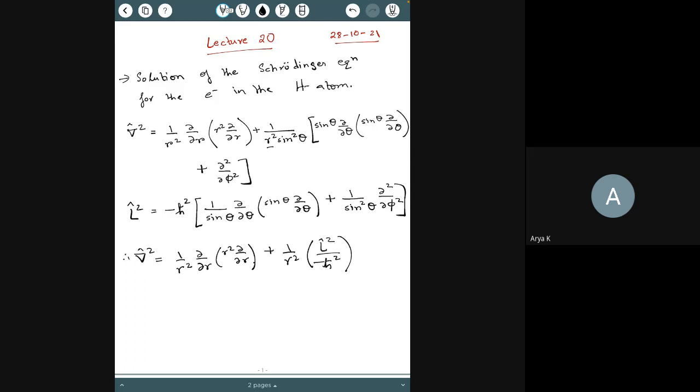Ma'am, there it should be a minus h bar squared, right? Yes, this is minus. And why do we have a hat on the Laplacian?